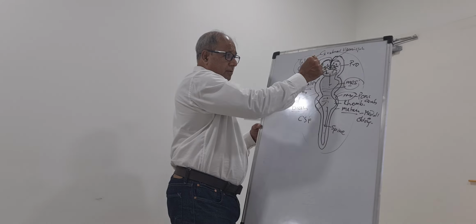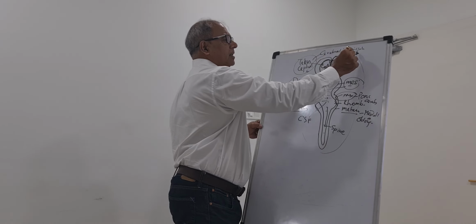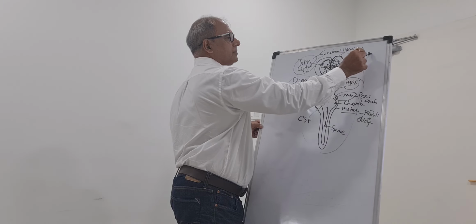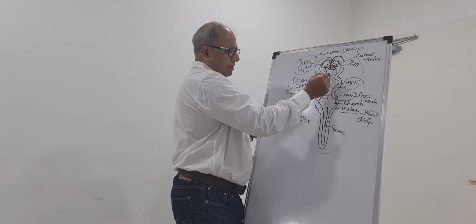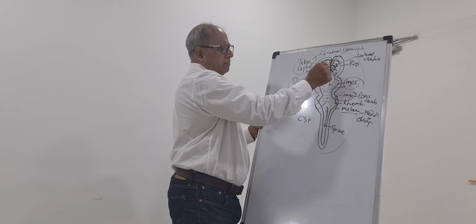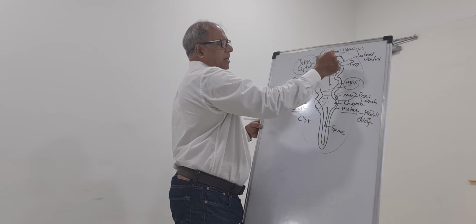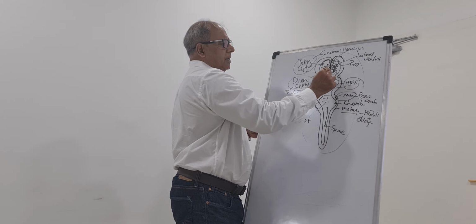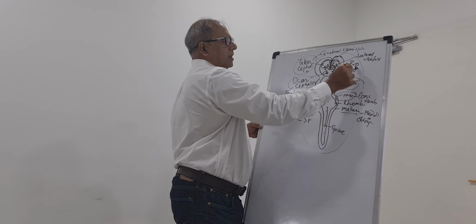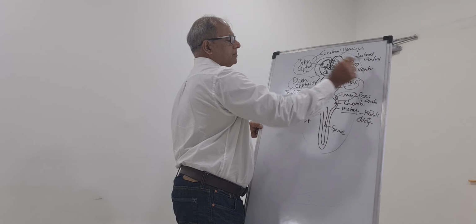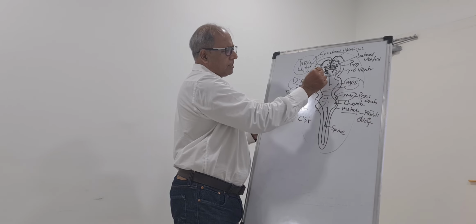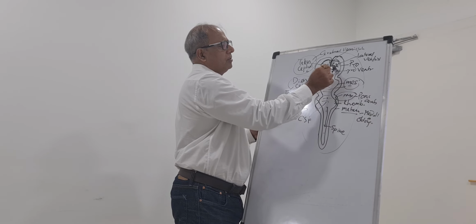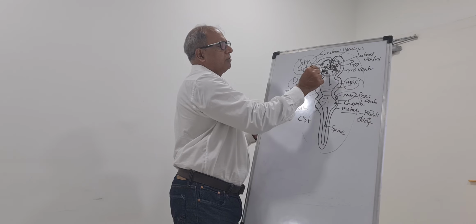This telencephalonic cavity is called the lateral ventricle. This diencephalic cavity, which is connecting with the telencephalic cavity, that is the lateral ventricle, is called the third ventricle. And gradually, with modeling, there will be two orifices where they get connected, called the foramen of Monro.